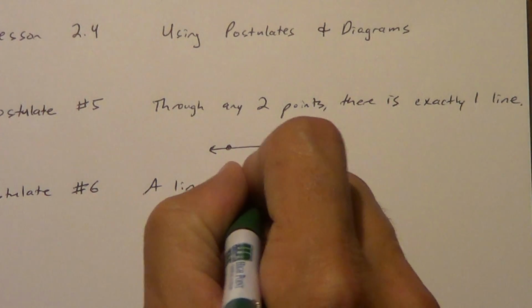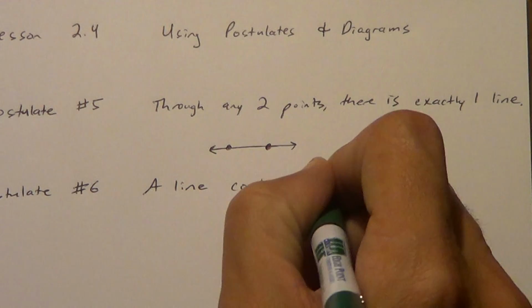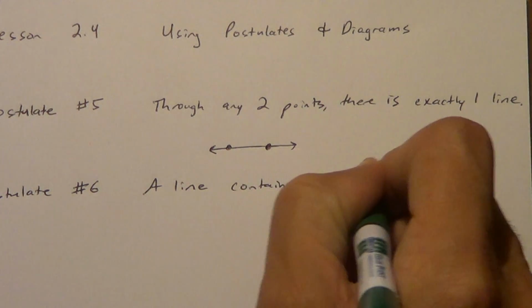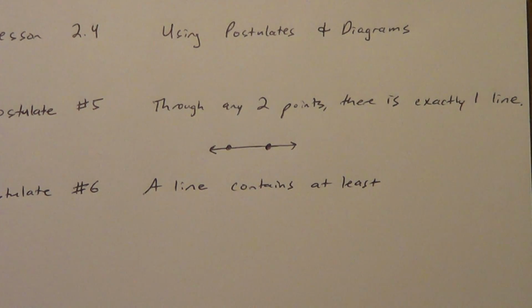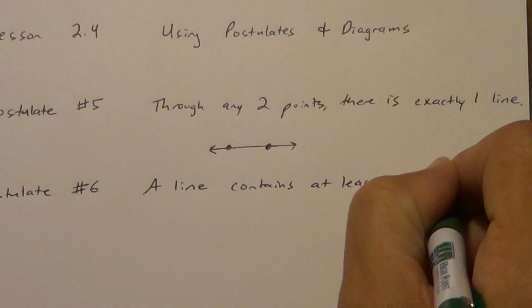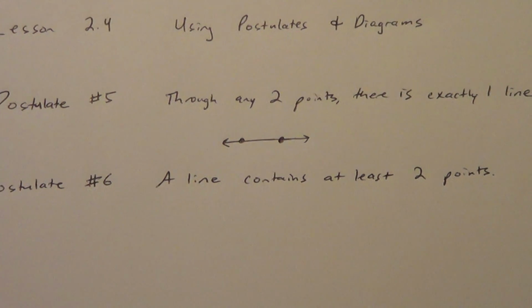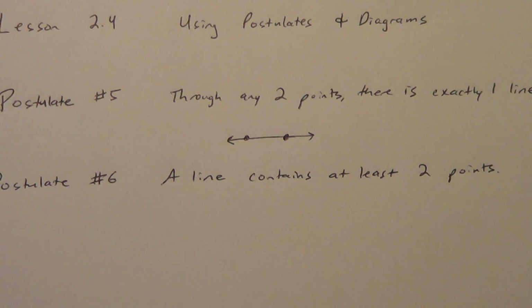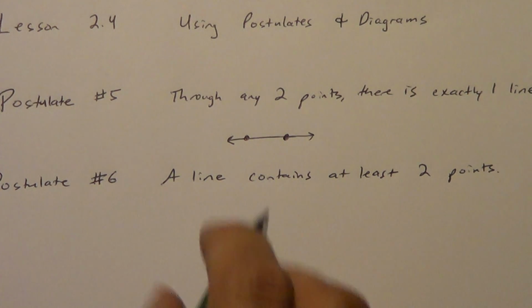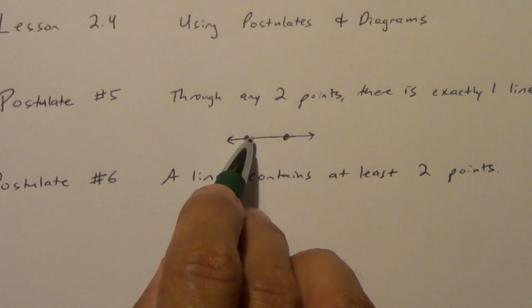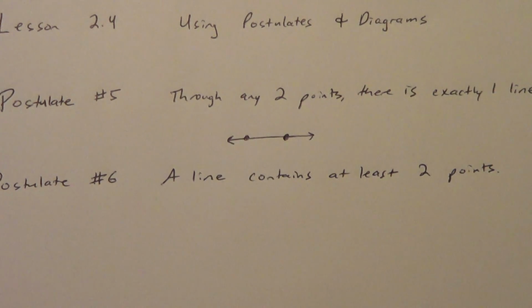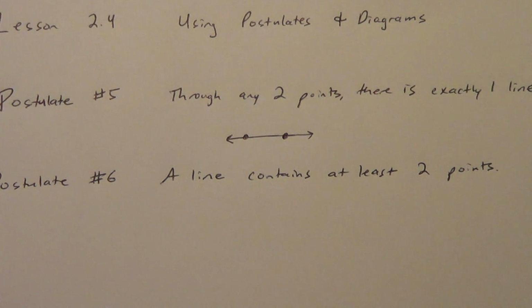A line contains at least how many points? Well, it's got to be at least 2. Those would be the 2 points we might use to name the line. But it's got at least 2. Obviously, we know it's going to have a lot more because the line goes forever, and there's points all along through here. Remember, all these little spots right here are points. We just don't necessarily name them all the time.